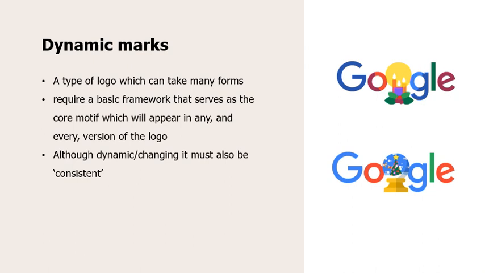It takes many forms. The most popular example is that of Google. So, diba, Google would celebrate different types of events, ano po, and they would change their logo, their word form, or their word mark rather, in the landing page of Google to fit that particular event.